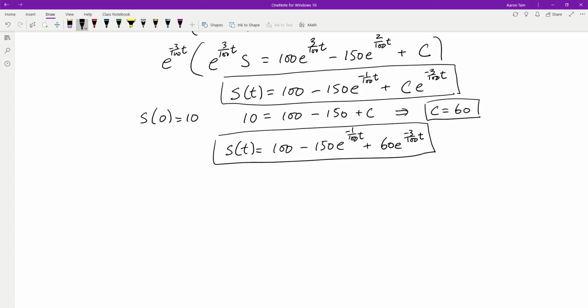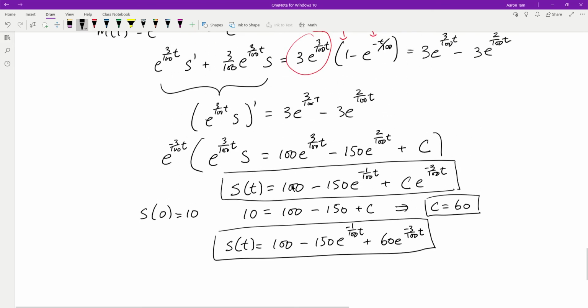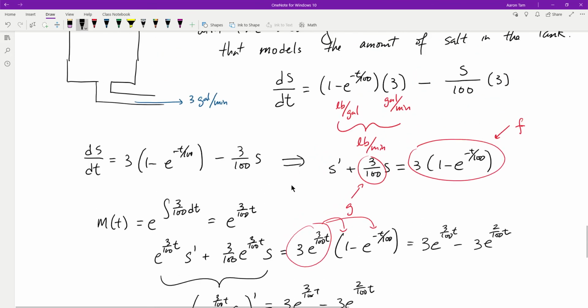Now, something interesting that I do want to point out is the following. If you look at this example right here, notice that if this process goes on forever, both of the e^(-1/100 t) and e^(-3/100 t) will become 0 eventually. And therefore, this would just equal 100.